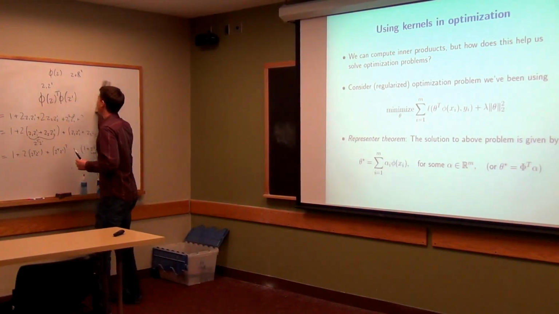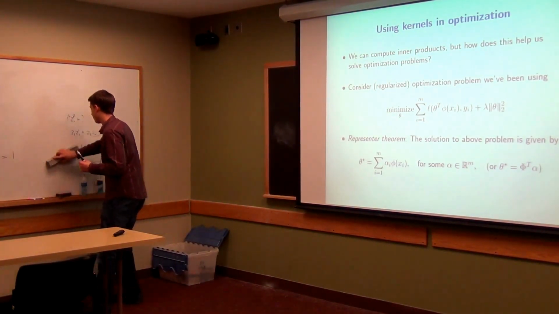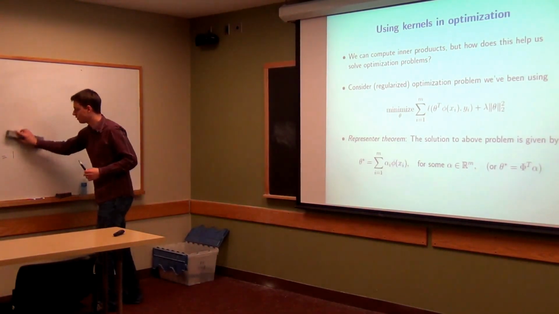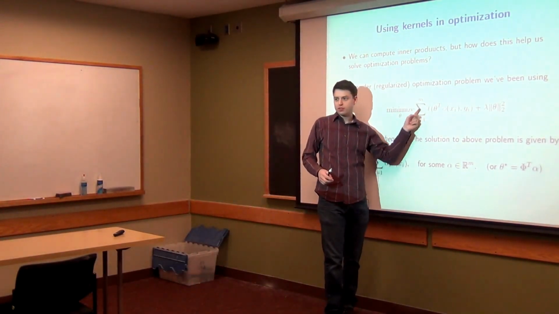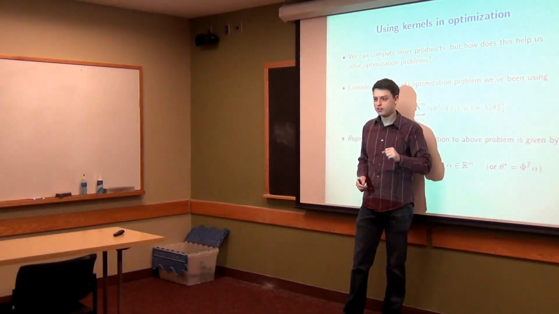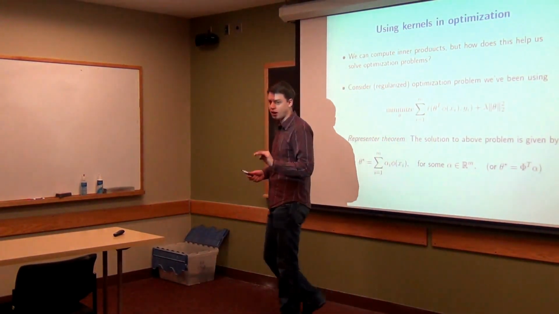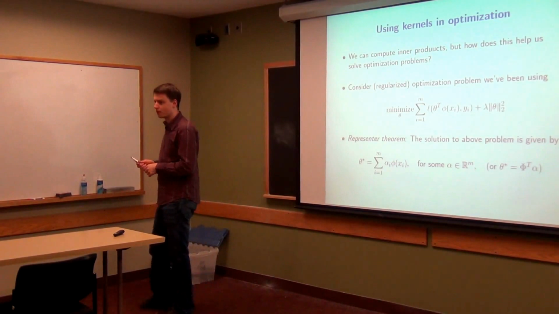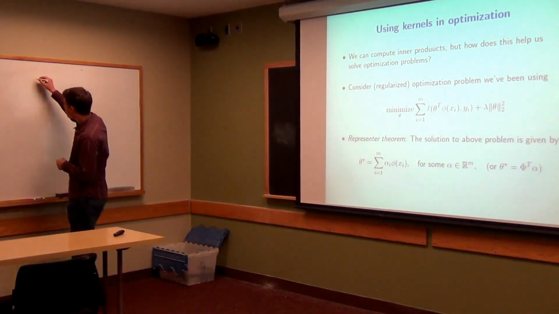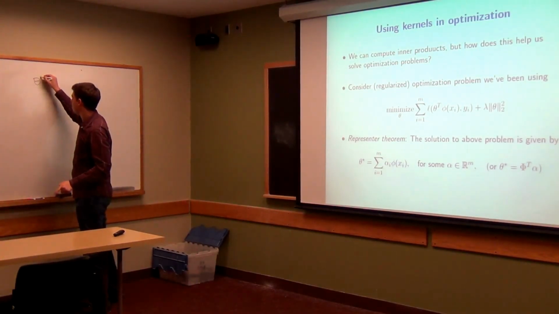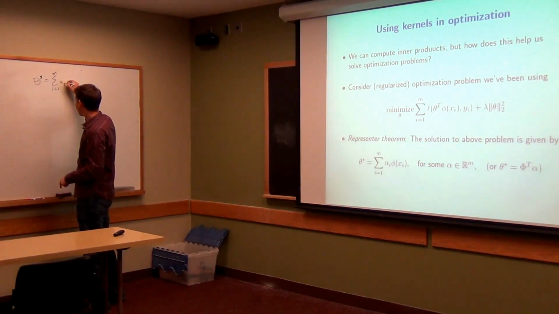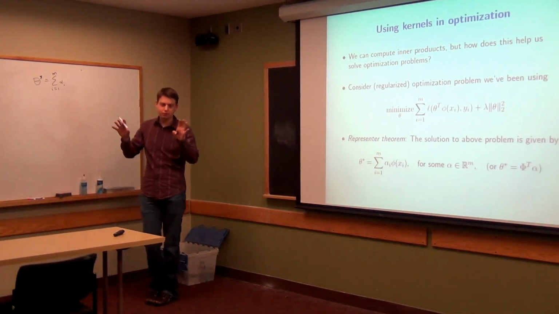If we have an optimization problem of that form, so we're minimizing over theta the sum of some losses over m different examples, plus our regularization penalty on theta, then the optimal theta, the theta that solves that problem, will be of this form. It's the sum from i equals 1 to m of some number alpha_i.